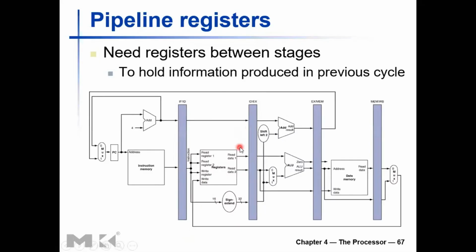Then between the register reading and execution, you need another pipeline register to hold some set of information, to make sure that when your hardware in a particular stage moves on from one instruction to the next one, the data or control signals relevant to the previous instruction are still available for the following stages. To take care of that, we need to add these extra registers, one between each pair of stages.